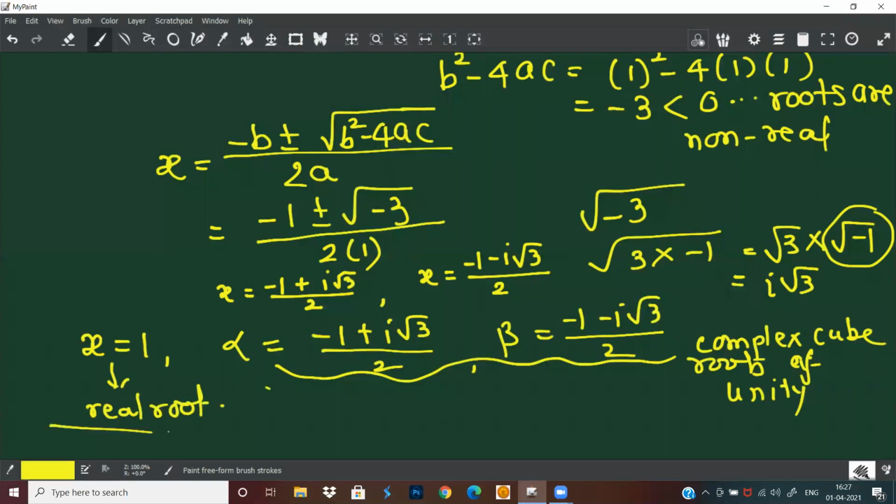So are you clear about complex cube roots of unity, everybody? Is there anyone who has not understood yet, to copy? Understood?